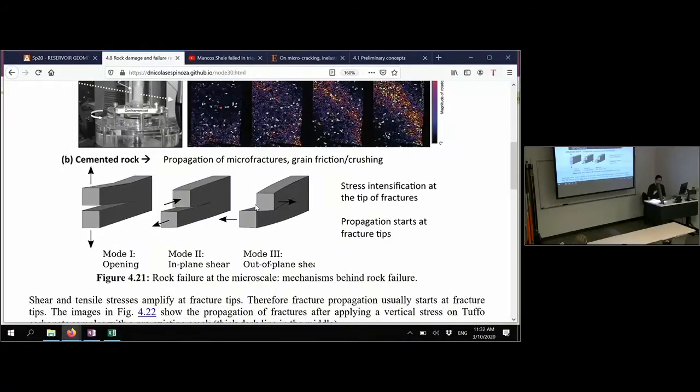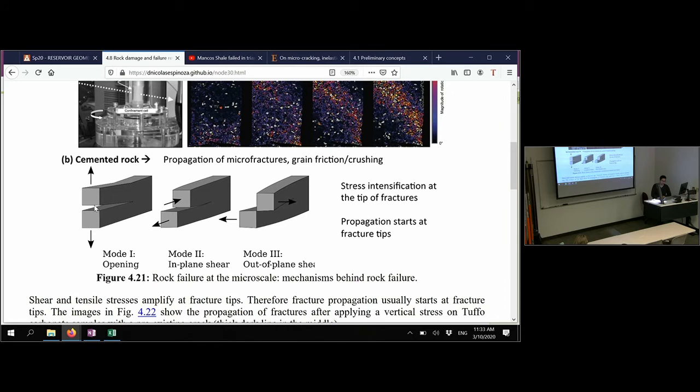And in the case that we have fractures, there is a theory called linear elastic fracture mechanics that helps us understand that a little bit better. And it tells us that we can have three types of fracture propagation. And this is going to be very important because we'll come back to this later in hydraulic fracturing.